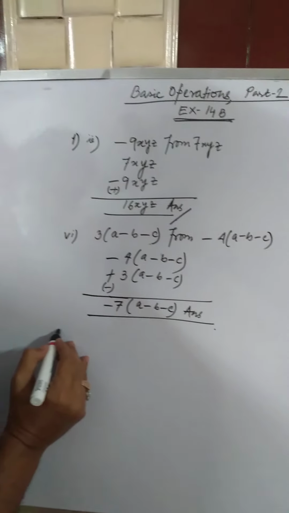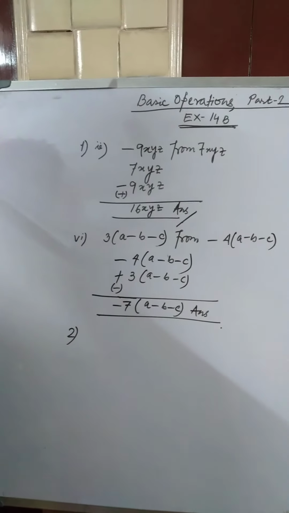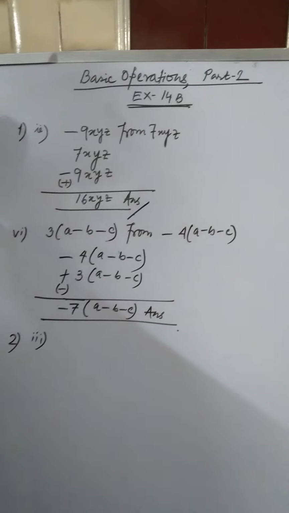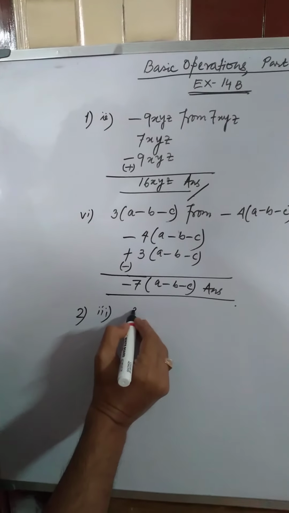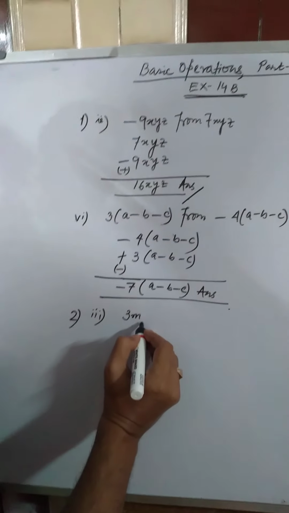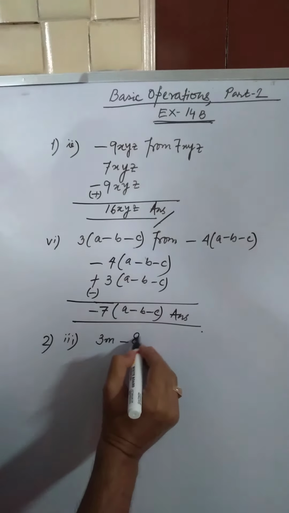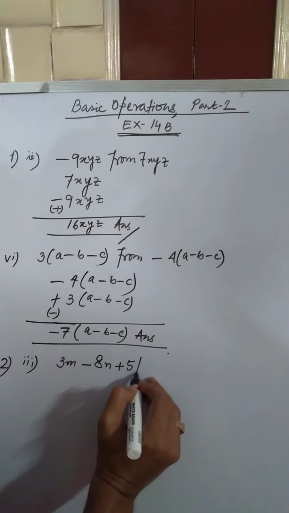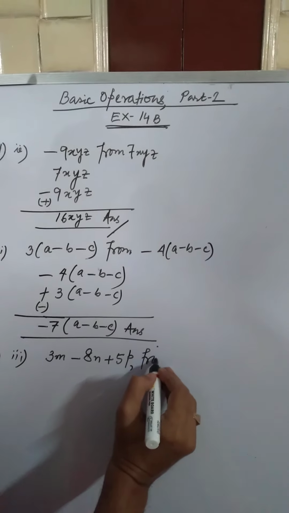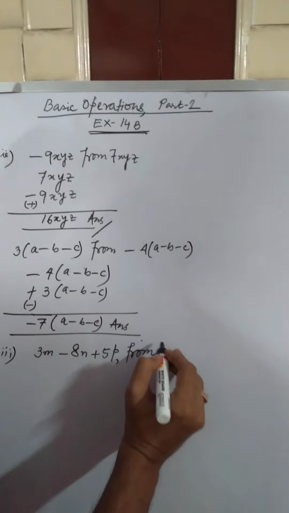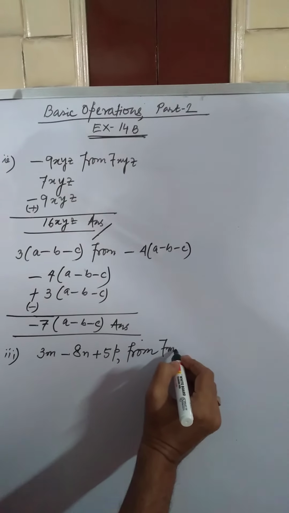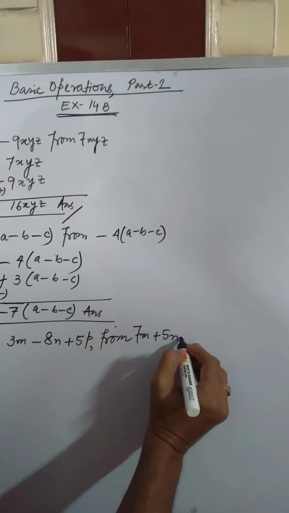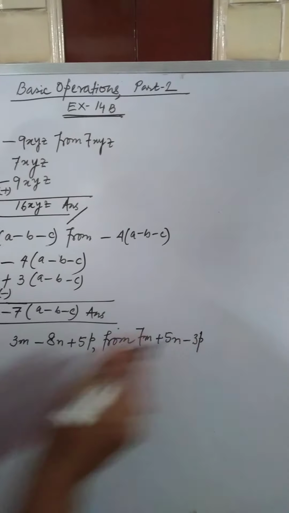Next question is in a similar way, say 2 Roman 3. Subtract 3m minus 8n plus 5p from 7m plus 5n minus 3p.